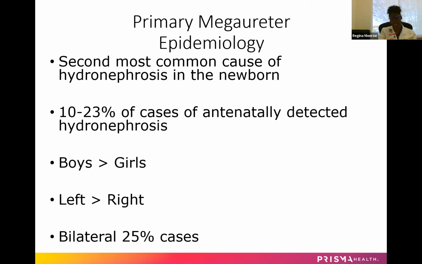But when we look at megaureters in total, they are the second most common cause of hydronephrosis in the newborn, with UPJ obstructions being the first, the most common of the pathologic causes, with megaureters representing, depending on what study you look at, anywhere from 10% to 23% of antenatally detected hydronephrosis. It's more common in boys than girls, more common on the left side than the right, and about a quarter of the cases will be bilateral.